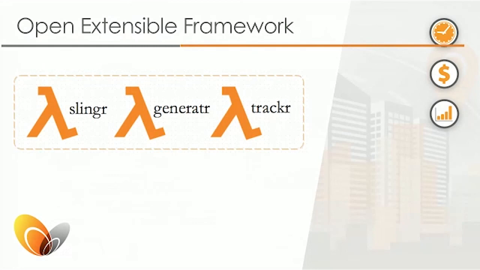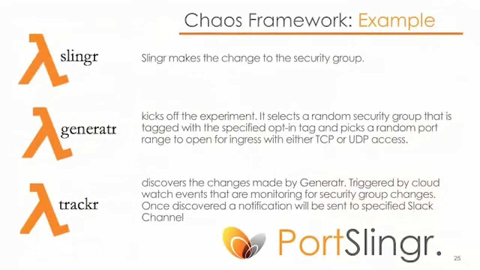So here's our example with PortSlingr. PortSlingr, remember, is just one chaos experiment, and we're explaining the various context around security chaos testing through this example. In this example, Slingr is one of our most important aspects. Slingr is actually the thing making the change, in this case to the security group, making the port change.